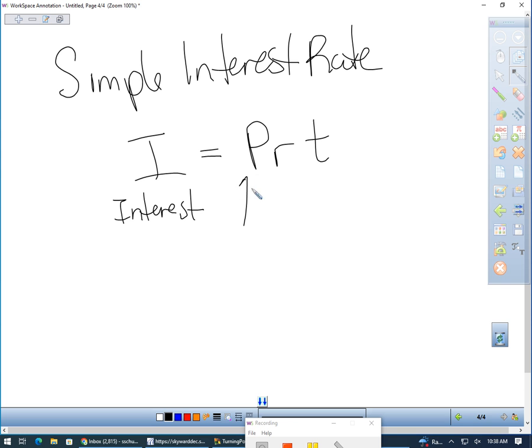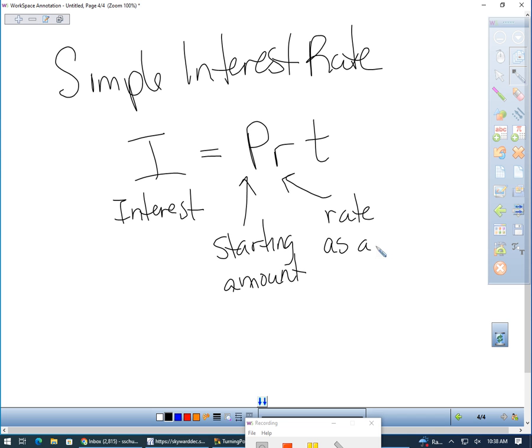The P is your starting amount, or your principal. I'm going to call it starting amount because I think you're going to remember that easier. The R is your rate as a decimal. And T is time.